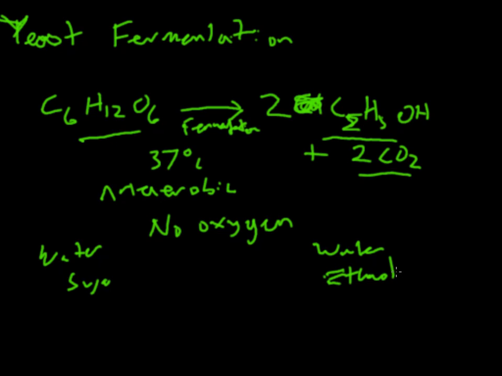Now the thing about ethanol, one of its properties is that it's antiseptic, which means that it's quite toxic to microbes and yeast as well. So after it gets to a certain percentage, around 14%, it starts to kill the yeast that's producing it. So we can't actually produce more than 14% in a mixture.